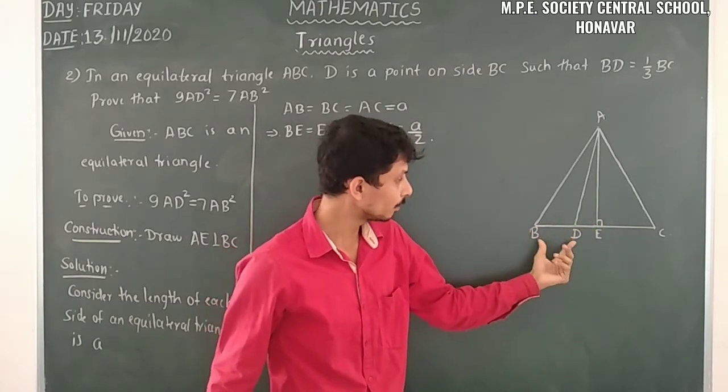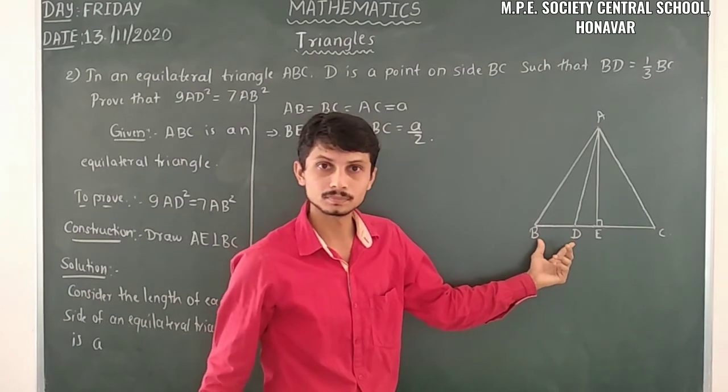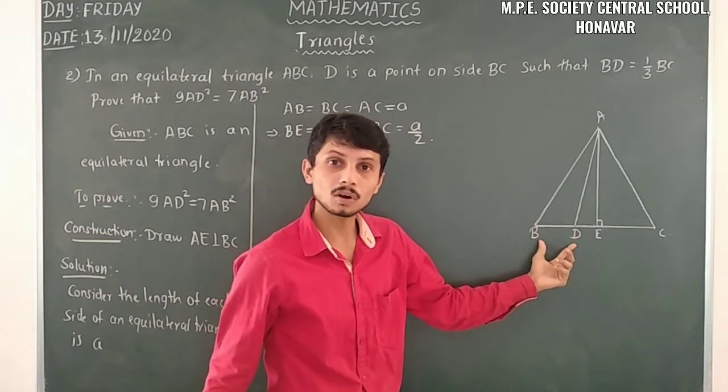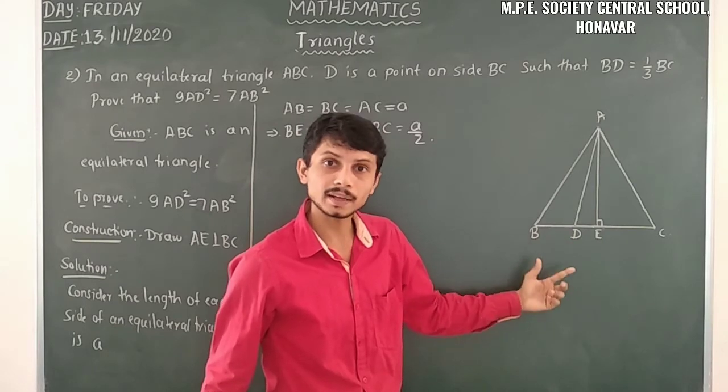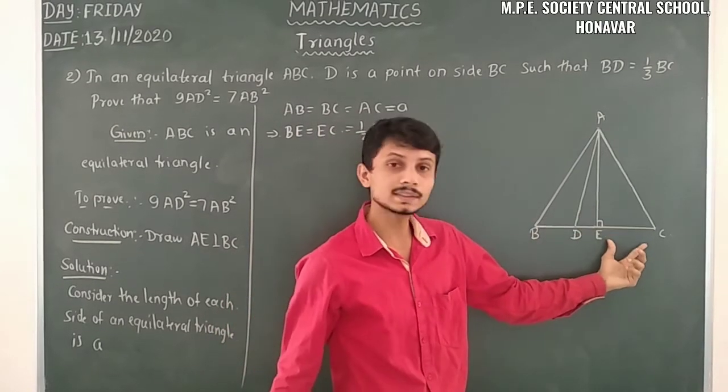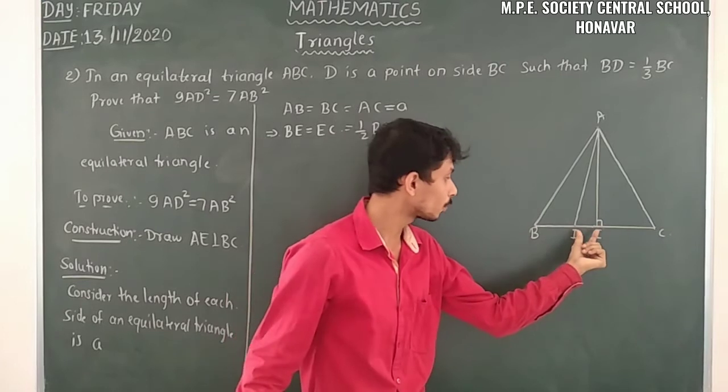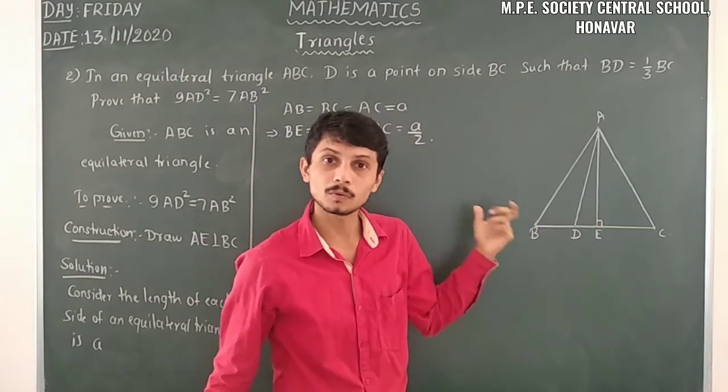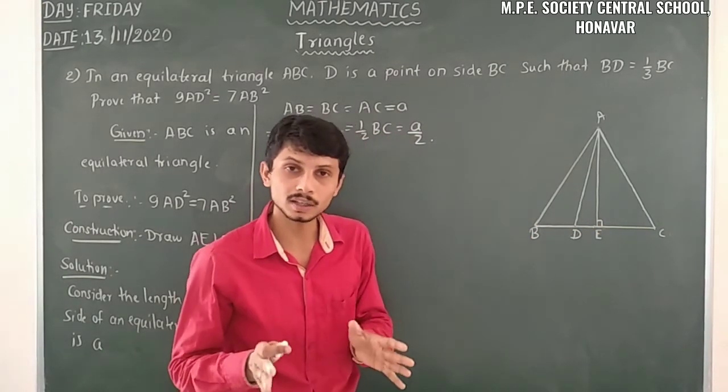So that's why here we want BD also. Because when we subtract BD and EC from the complete side, it only remains DE. So for that, what are the required things here?